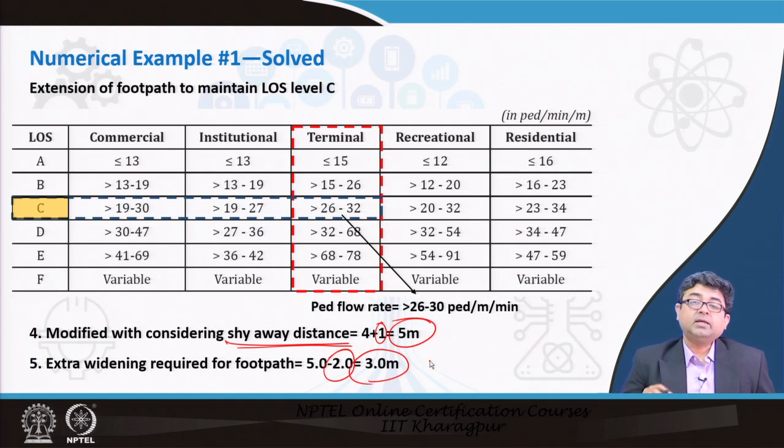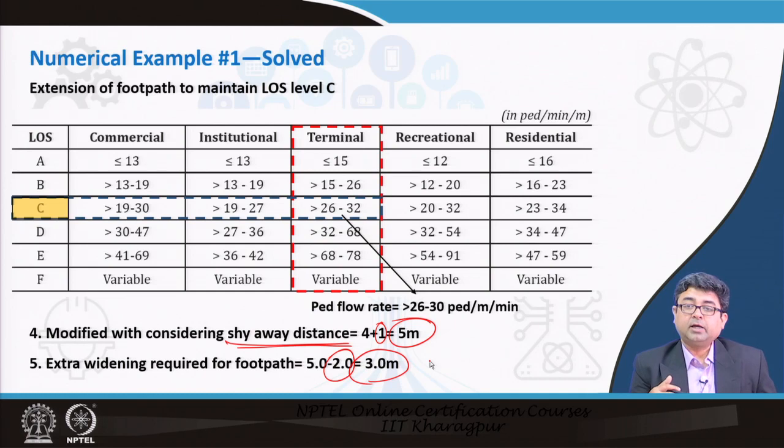This is a very easy way for you to understand the deficiency of your pedestrian infrastructure in your neighborhood, in any different types of land uses, and once you know the deficiency, you can then advise as to what can be done to overcome it.